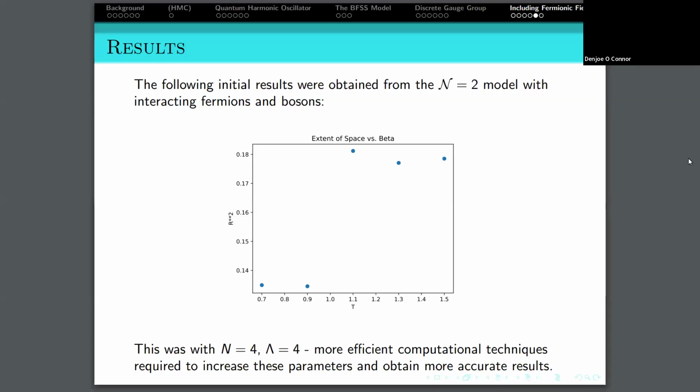We started off with just 5 points, and then eventually when we moved to the BFSS, we had 22 points on the lattice. It was labeled lambda in that notation. So your ideal is to have as many sites on the lattice as possible, but with the laptops we've been using, you have to keep it fairly reasonable. Yeah. So the more sites you take, the more closely you approximate the continuous limit.